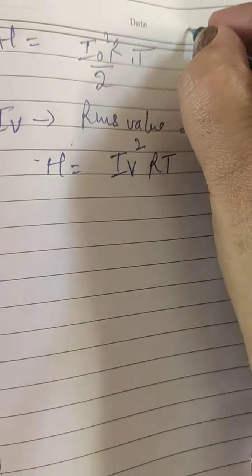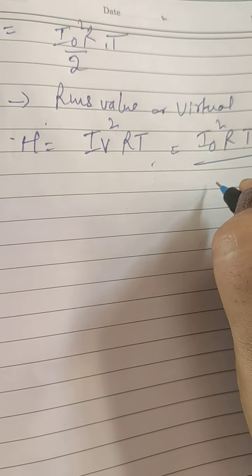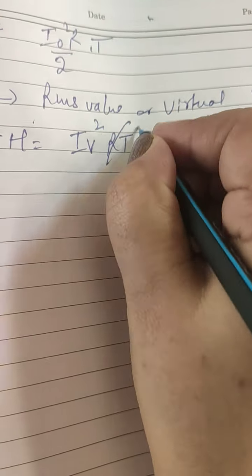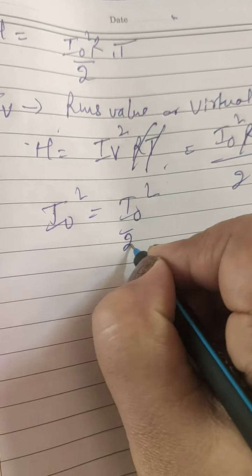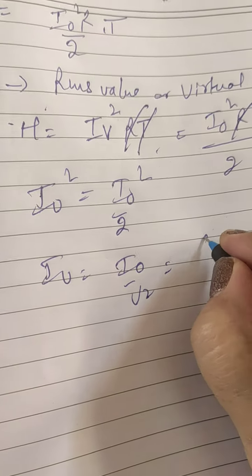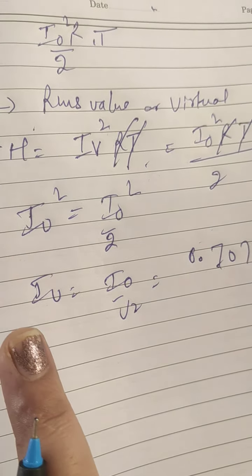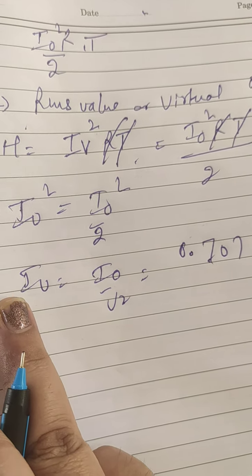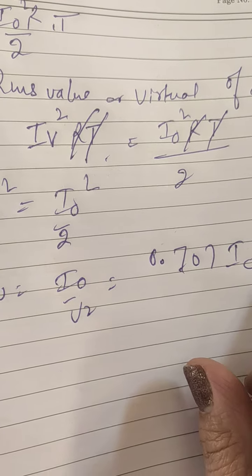Comparing these two, that comes out to be I naught square RT by 2. Now RT will cancel out, and we get Iv square is equal to I naught square by 2, or Iv is equal to I naught by root 2, which is equal to 0.707 I naught. Means the RMS value or virtual value is 0.707 times the peak value of current.